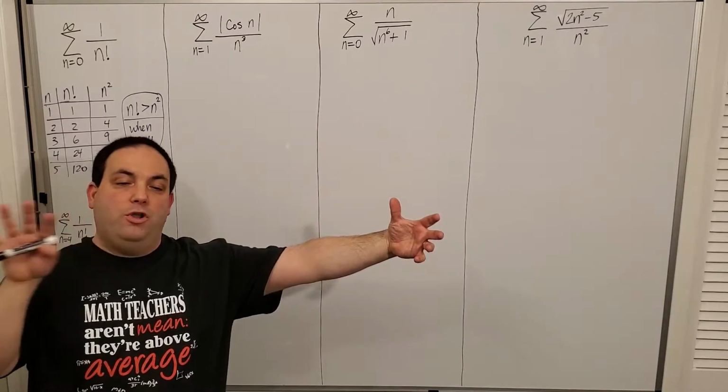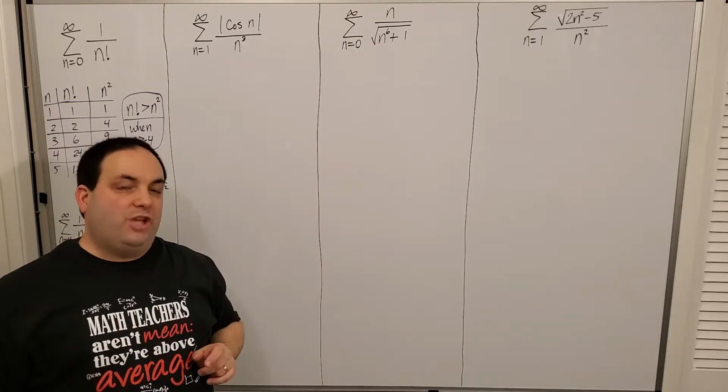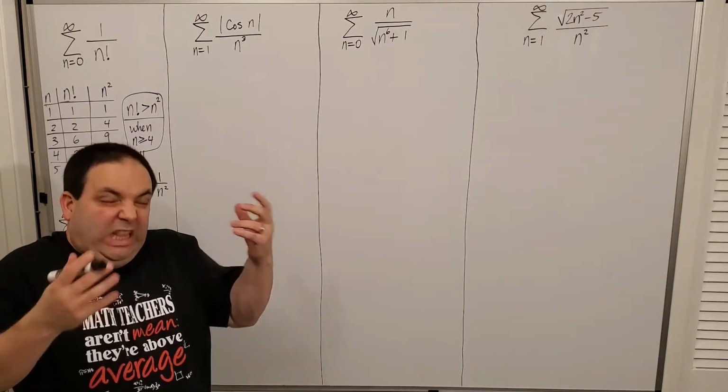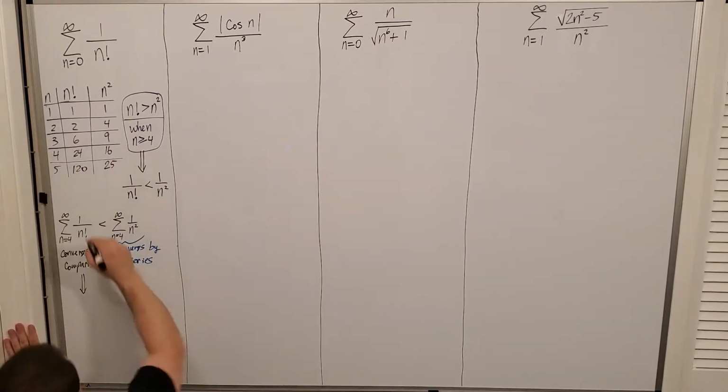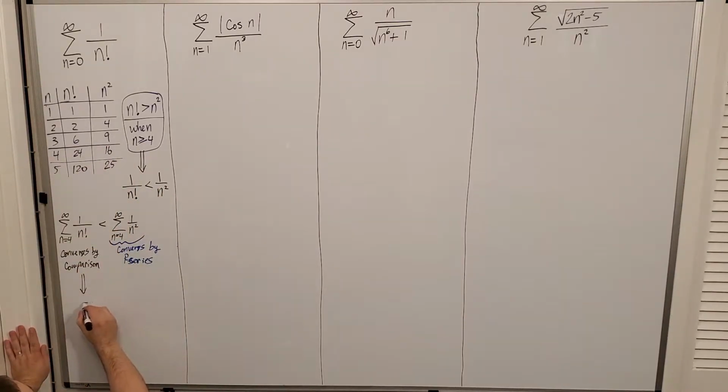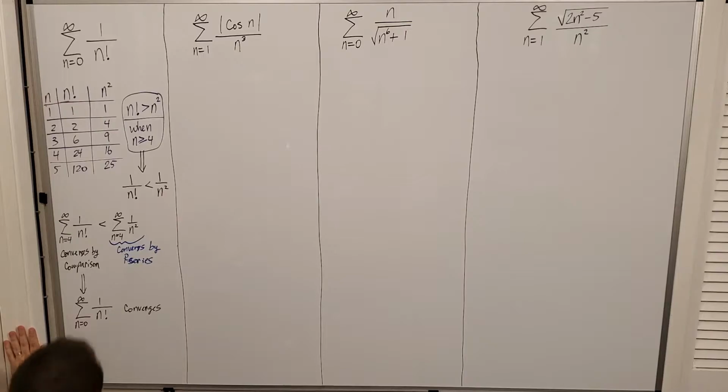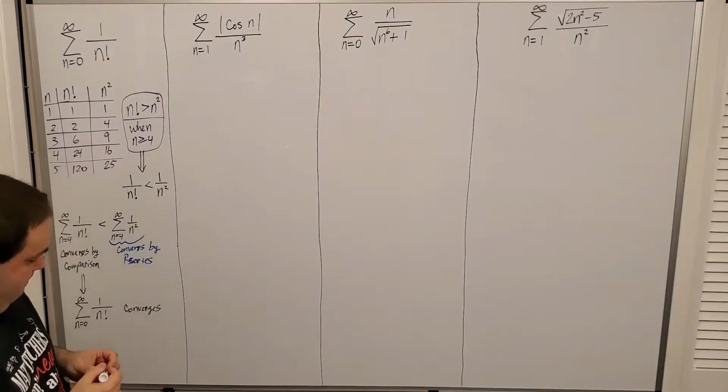Adding 4 more numbers on the front of it will not change that. It's just going to be a little bit bigger, but that's okay. It still converges. Therefore, the sum from n equals 0 to infinity of 1 over n factorial converges.